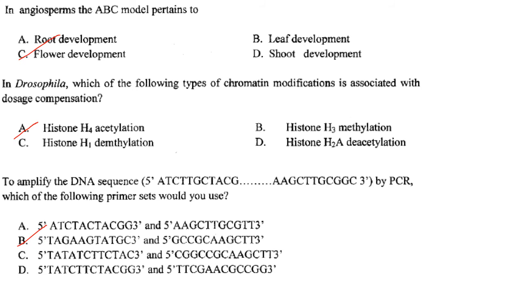So these are the primer sets, and you would use the one that amplifies this particular DNA sequence, the one that is complementary to this. So TAG is complementary to ATC, TTG, AAG, TA, then comes TAT and TGC. Then you have AAGC, TTG.